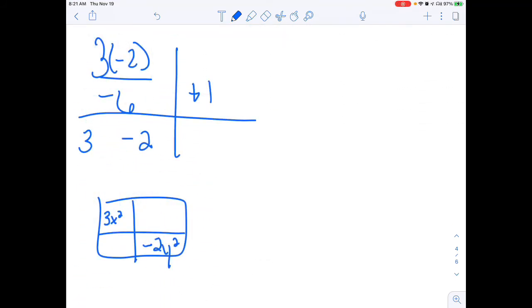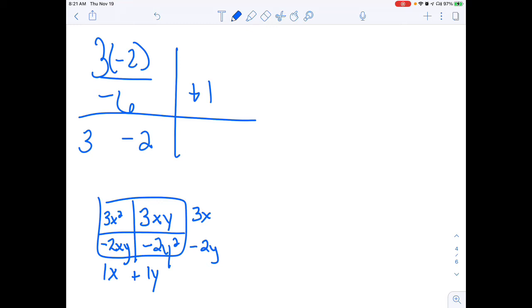So I fill in my magic numbers with +3xy and -2xy. And now I'm going to go ahead and get my GCFs. So this is a 1x, this is a +1y, this is a 3x, and this would be a -2y. A lot of people really have trouble with this double variable thing. The long story short is you just put the double variable xy on your magic numbers.